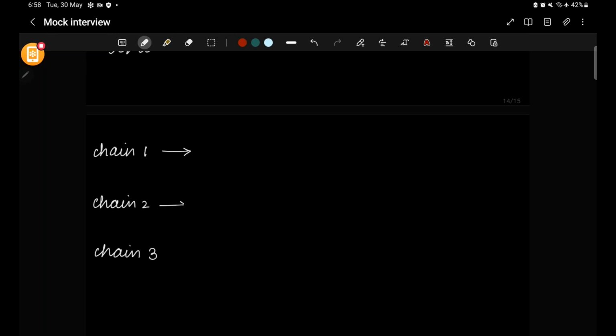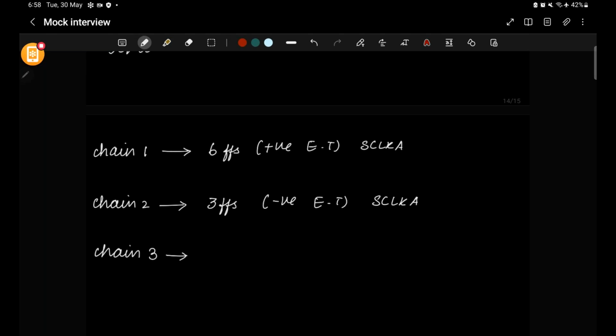The tool will keep 6 flops, the positive edge triggered flops of scan clock A, in chain 1. In chain 2 it will place the 3 negative edge triggered flops of scan clock A. And in the third chain the tool will keep 3 flops, the positive edge triggered flops of scan clock B. So the tool will not mix flops with different scan clocks, and also will not mix positive edge and negative edge triggered flops.